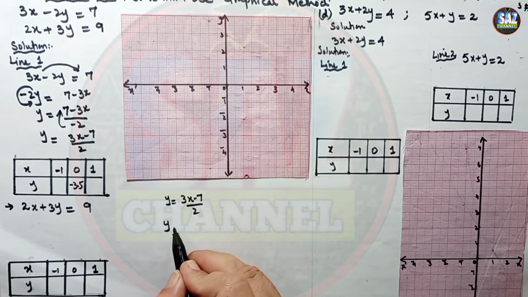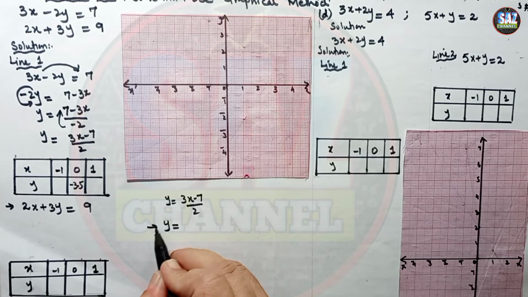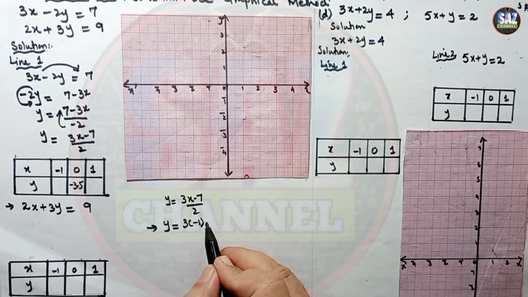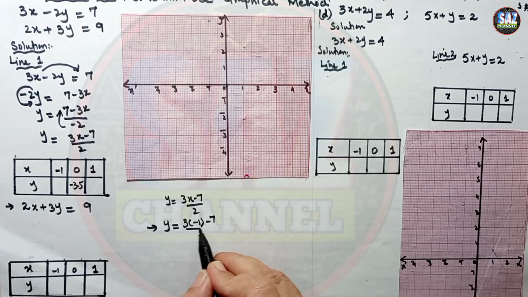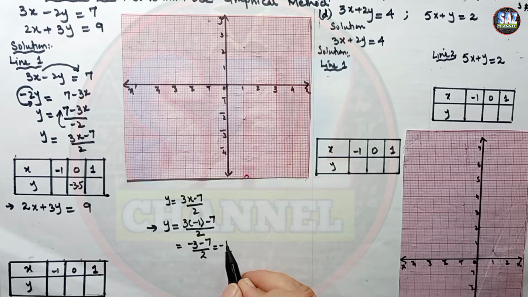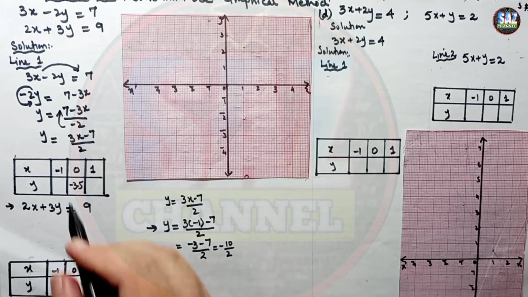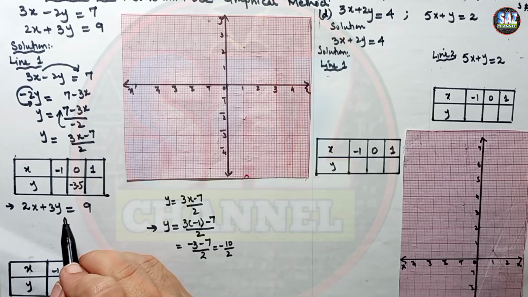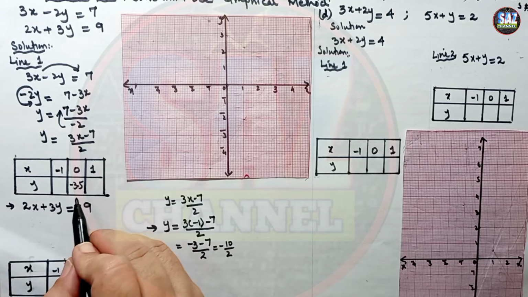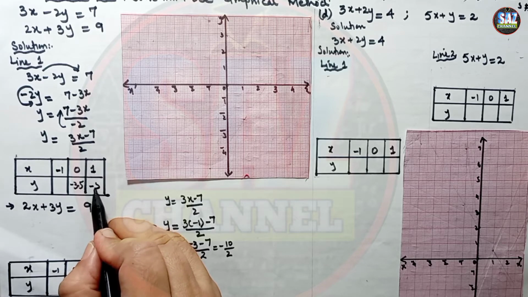When I'm keeping my x value minus 1 over here, 3 into minus 1 minus 7 upon 2, and this will give me minus 3 minus 7 over 2, which is equal to minus 10 by 2, which is equal to minus 5. When x is minus 1, y is minus 5, so my point will be coming at this place.